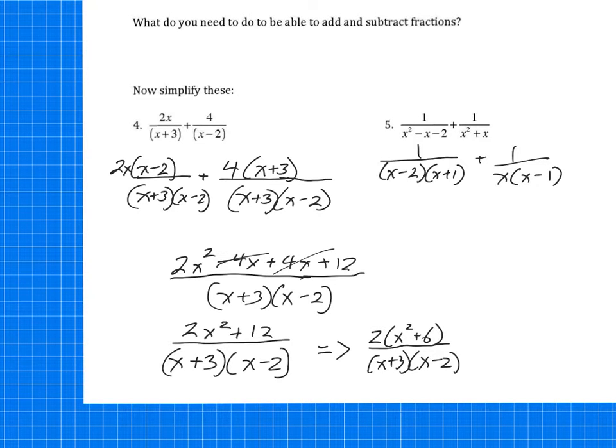Because they have a factor in common, our LCD can be written a little more simply. You know that we can always multiply denominators to get a common denominator, but the idea is to get the least common denominator. It always makes it simpler.